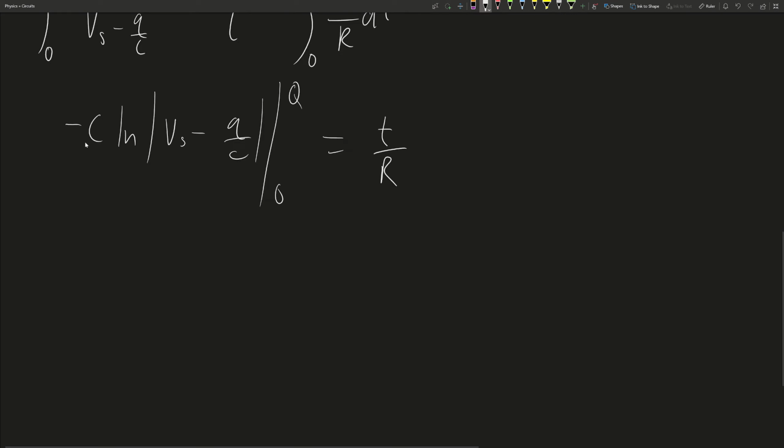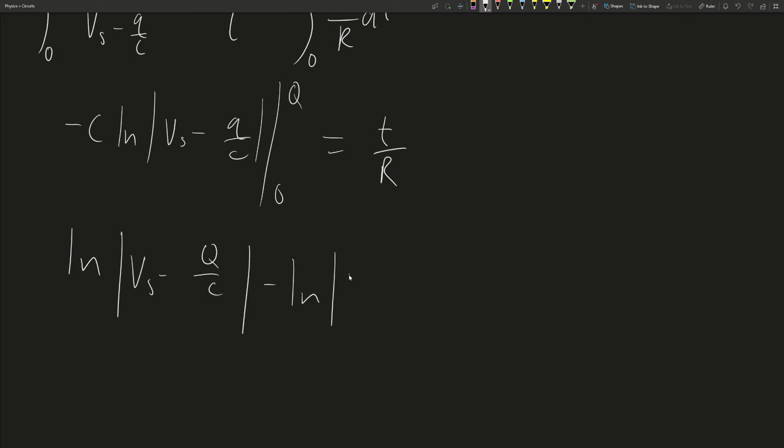We get ln of Vs minus Q over C minus ln of Vs, and this is equal to T over negative RC, or just negative T over RC.